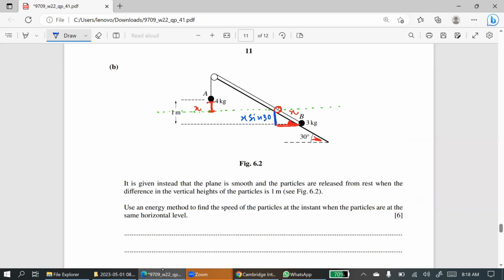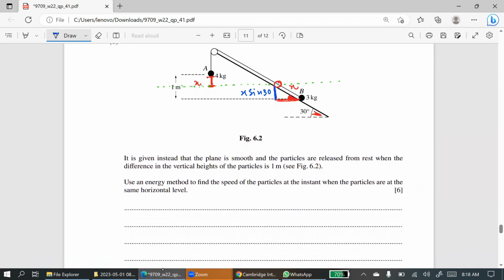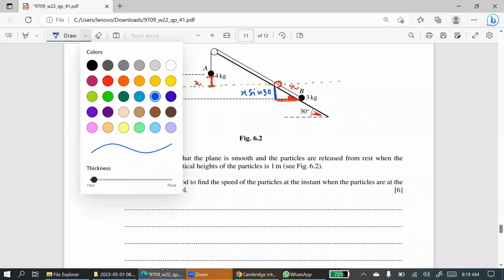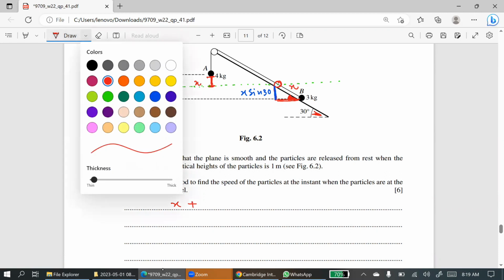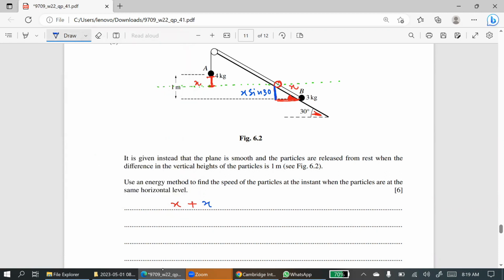Now the first equation from this information is x plus x sine 30 is equal to 1.